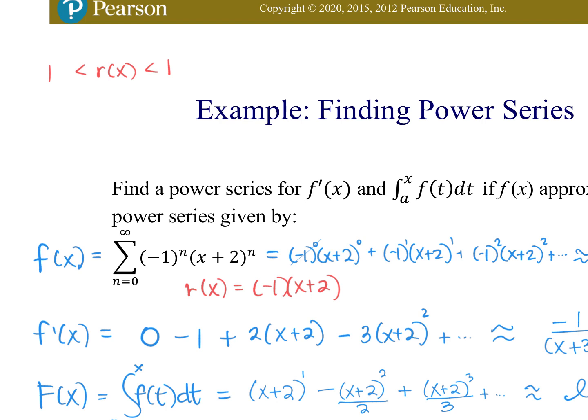Our R of x is negative 1 times the quantity x plus 2. Divide everything by negative 1 and change all the signs, and subtract 2.